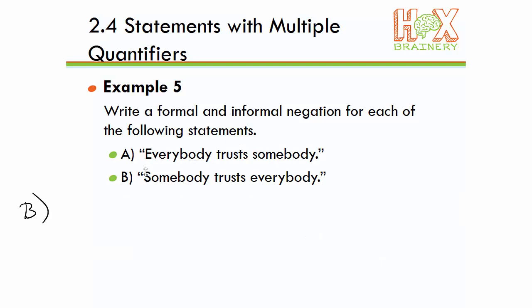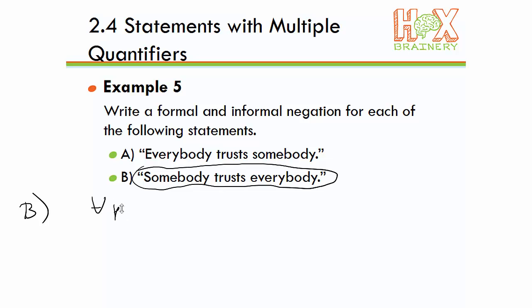And then part B, somebody trusts nobody. So when you're writing the formal negation to this, it helps to look at the formal version of this. So the formal version of this said, there exists a person X such that for all people Y, X trusts Y. So when we write out the formal negation, we're going to swap the quantifiers.